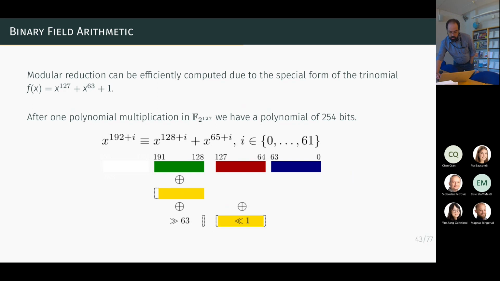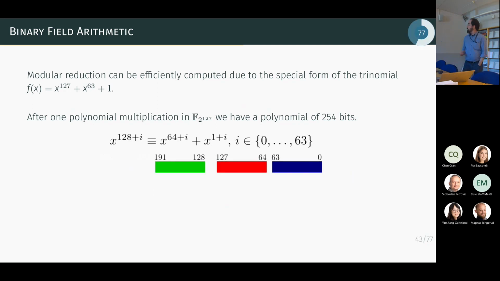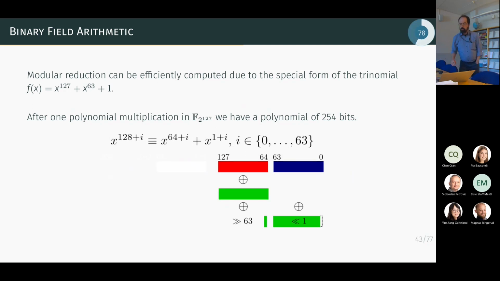If I continue doing that, now I need to look at the 128 bit position, and then again, from the shape of F, this means that I need to add that word at positions 64 and 1. So I do the same, but now I need to deal with the pesky bit there as I shift to the left by 1 position and add it to the position 64.